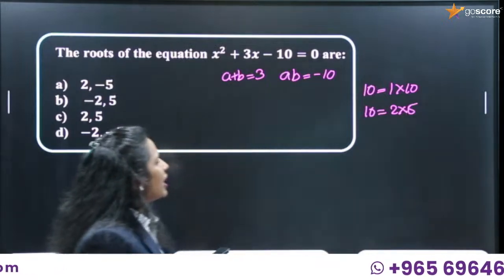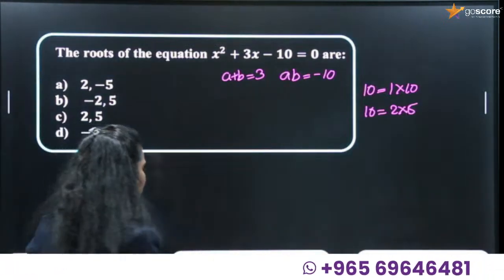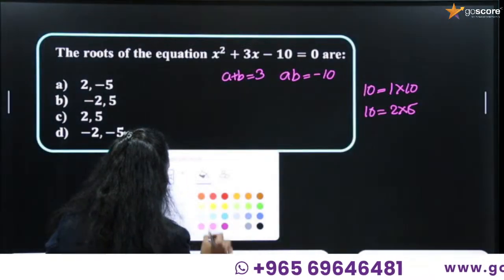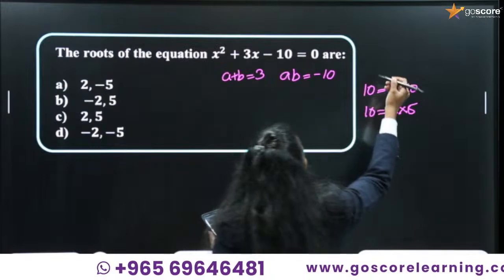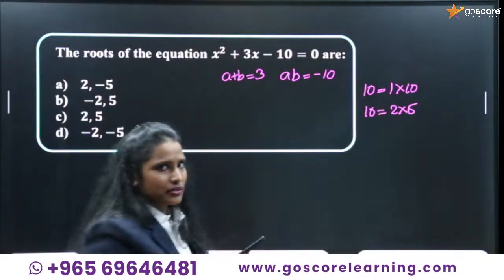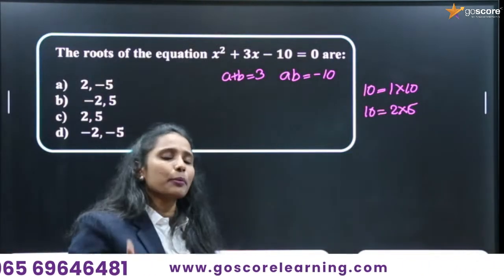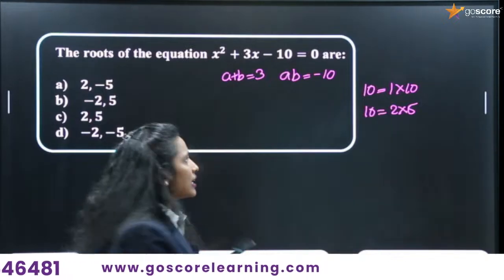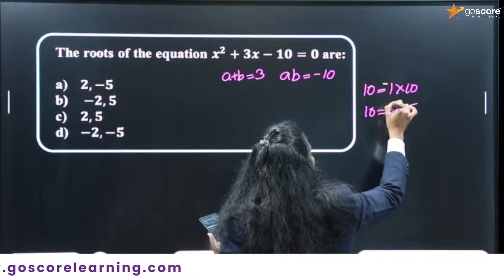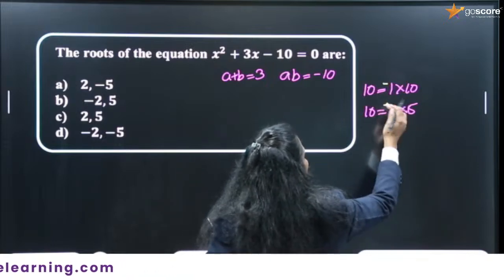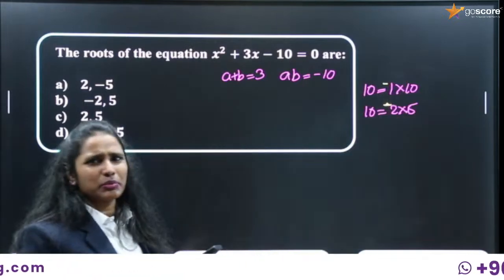Now the product is negative, which means one of the numbers will be negative. And the sum was positive, so the bigger number will be positive and the smaller number will be negative. Now, when we add minus 1 plus 10, it becomes 9.